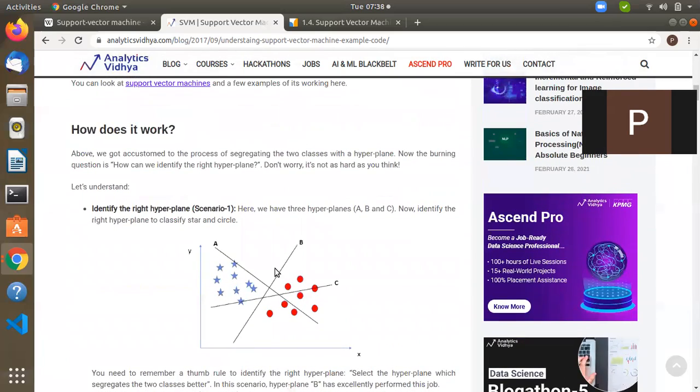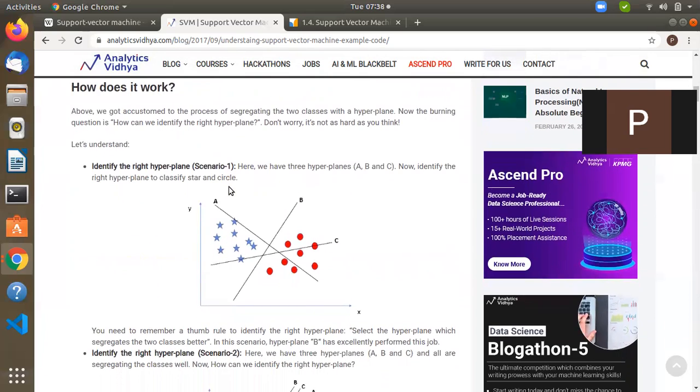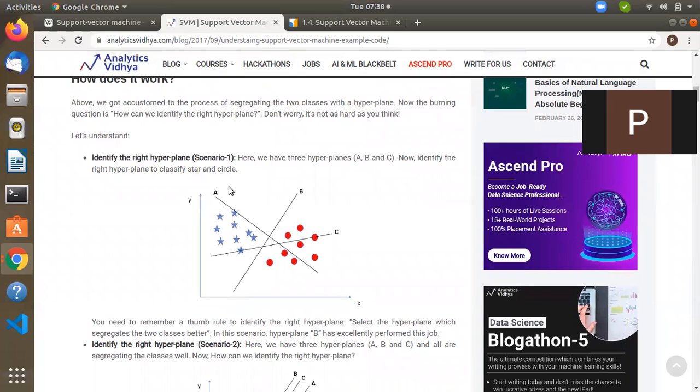After that, we have a use case scenario, that is to identify the right plane.